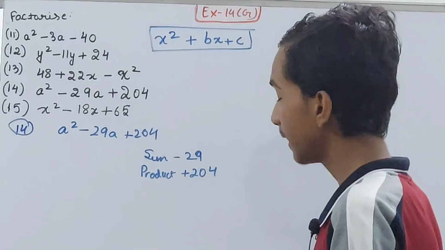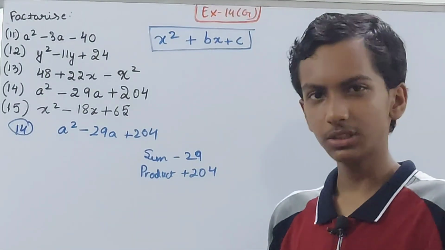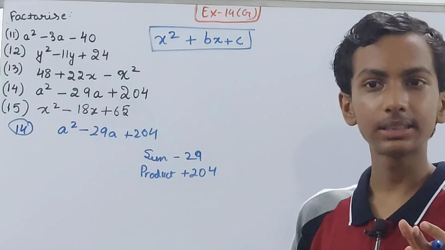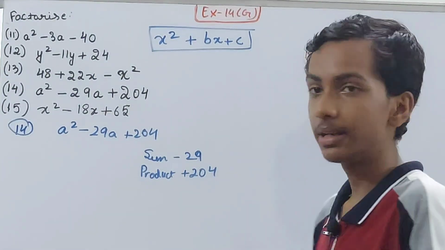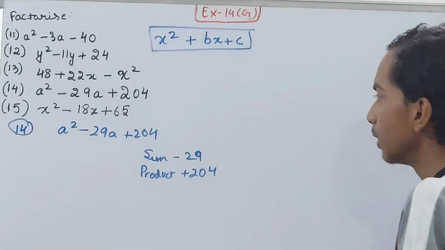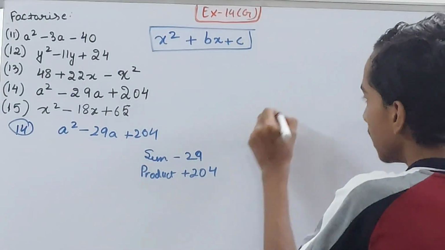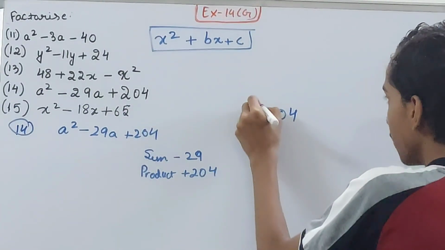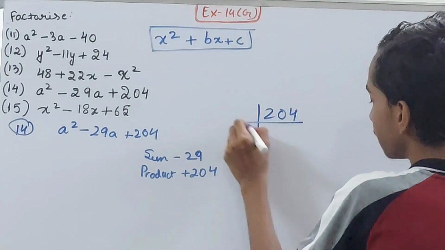But can we think directly? No, because this is not possible. We can't think directly that this factor has the sum as minus 29 and the product as 204. That's not possible. So what we will do? We will go the other way. That is, we will take this product that we want, 204, and we will prime factorize this.